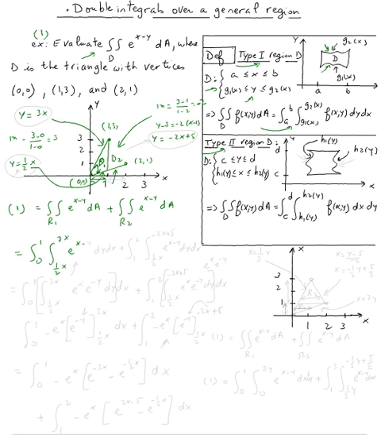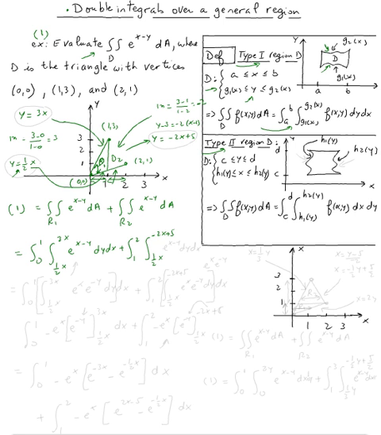And that would be e to the x minus y, dy dx. Plus, over R2, we want x to go from 1 to 2. But we want y to go from, again, the same one, 1/2 x. But the top will be negative 2x plus 5.